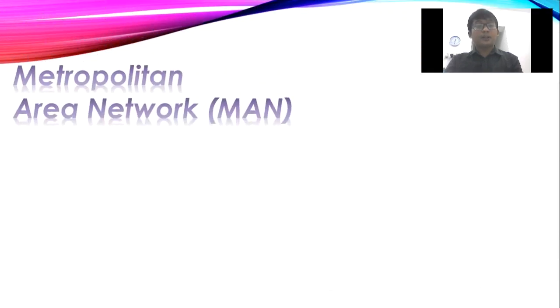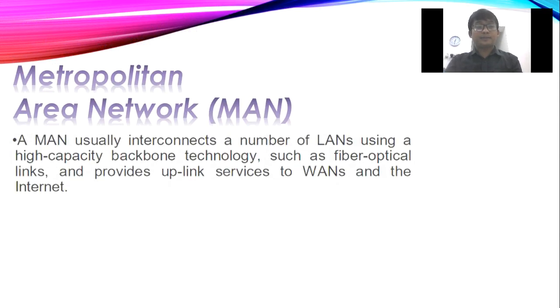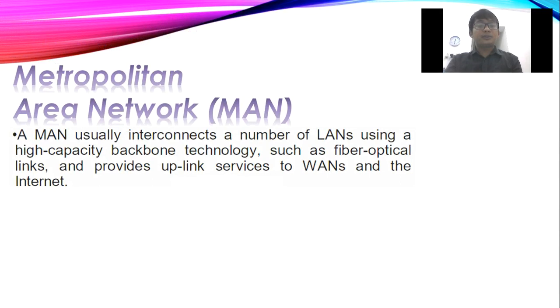Next, Metropolitan Area Network, or MAN. A MAN usually interconnects a number of LANs using a high-capacity backbone technology, such as fiber optical links, and provides uplink services to WANs and the Internet.